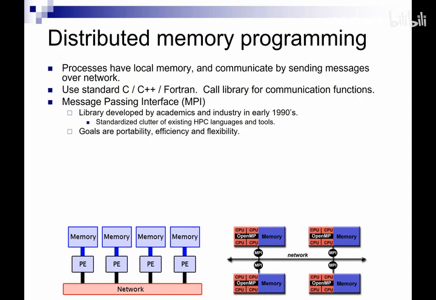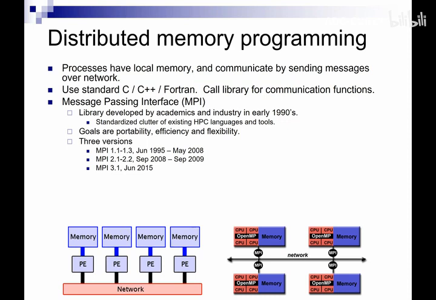They also wanted to make MPI as efficient as possible, so they added various functionalities for efficiency. And they wanted to make MPI a very general and flexible library so that you can write basically any type of distributed memory program that you want.